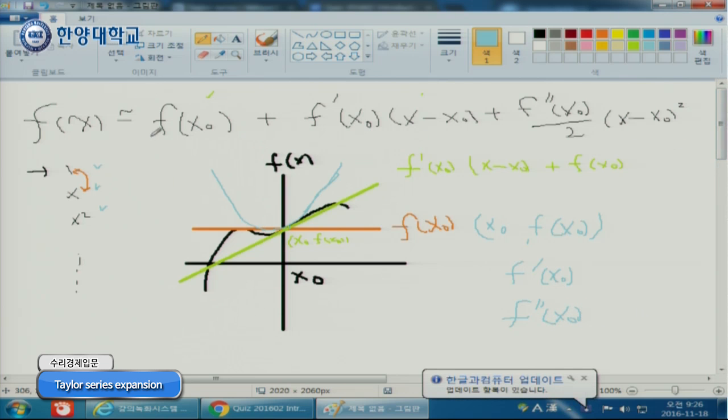And well, then the equation looks like this. Look at this one. So this is the big answer. So put x0. If we put x0, this term goes away, this term goes away. So y equals f(x0). Done. So now let's take the first derivative, then this goes away, and then this goes away, and we have f prime and this one, and if we put x0, then this goes away, and we have only this one.